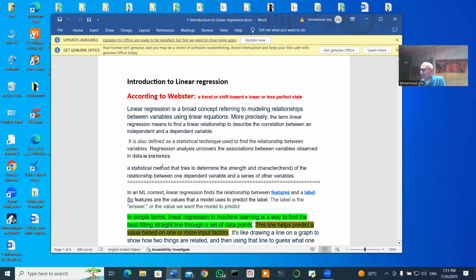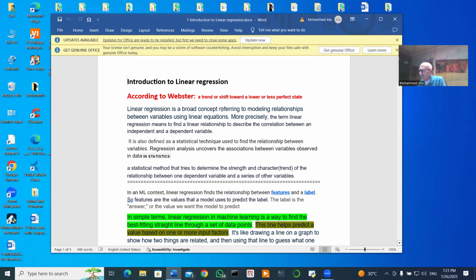In statistics, it is defined as a statistical method that tries to determine the strength and character or trend of the relationship between a dependent variable and a series of other variables.